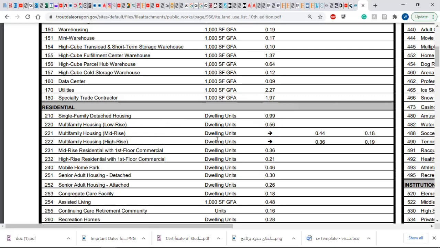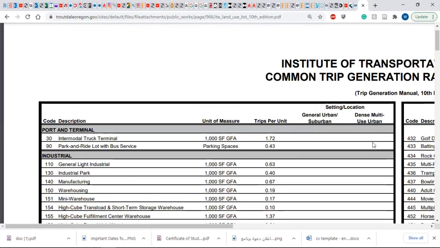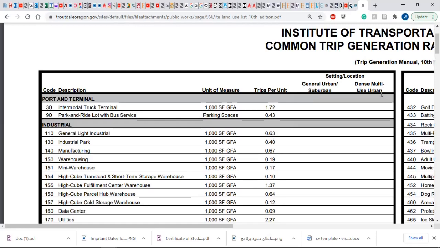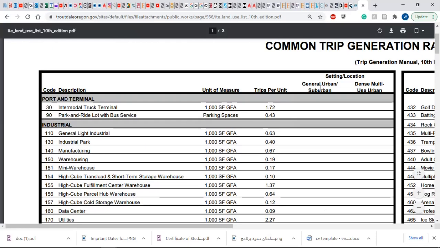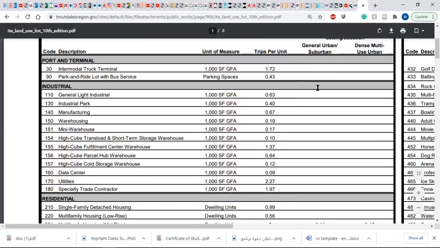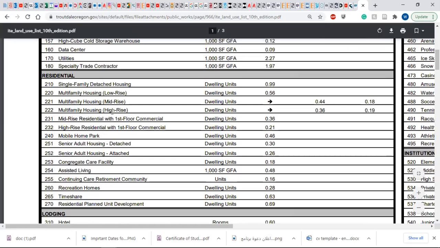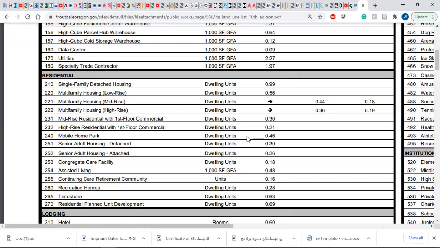High rise, it varies, 0.36 to 0.19. That's based on the setting location, general urban or dense multi-use urban. For example, if we are talking about Downtown Manhattan in New York, it would be something like that, dense multi-use urban. General urban is any city center, with mid-rise and high-rise buildings and so on. This approach is much easier to work with.